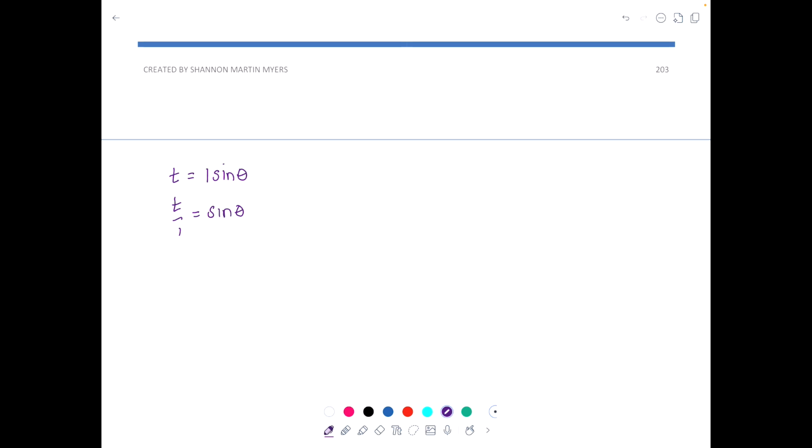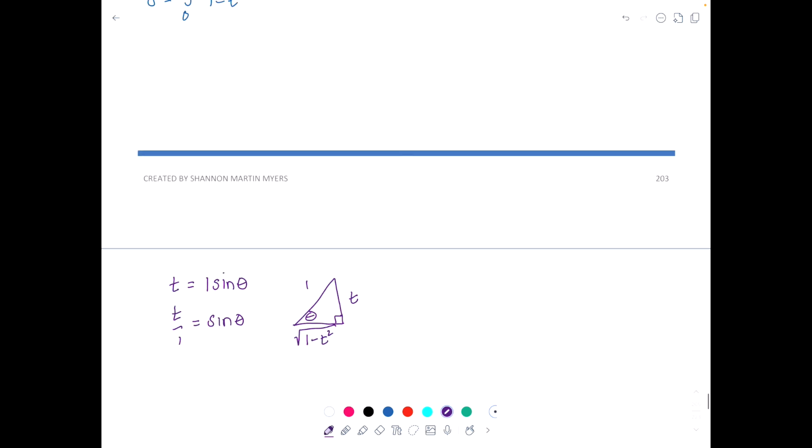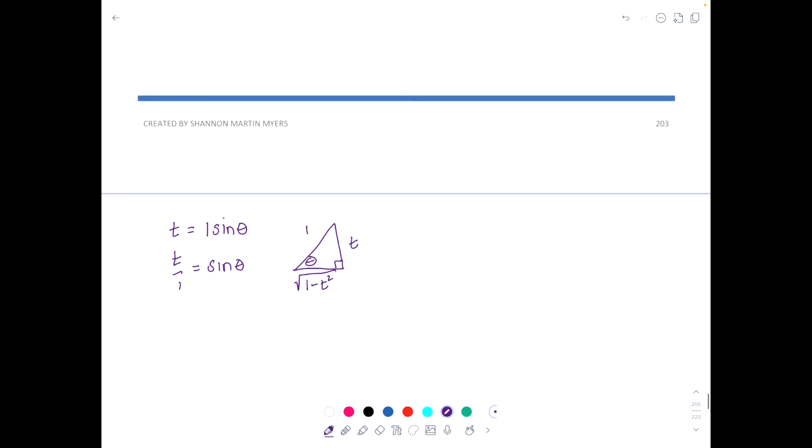And you make your triangle. This would be theta. It would be side opposite over hypotenuse, which makes this length square root of 1 minus t squared. Now I know there's no square root there, all right? So we'll be squaring that result because of what we have.